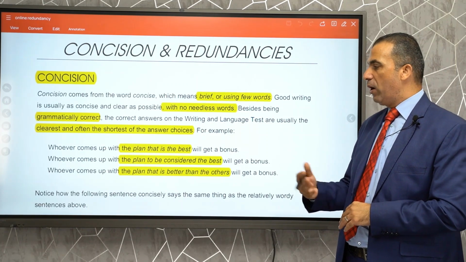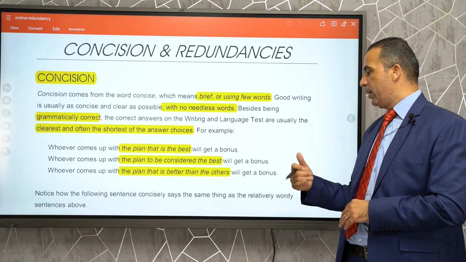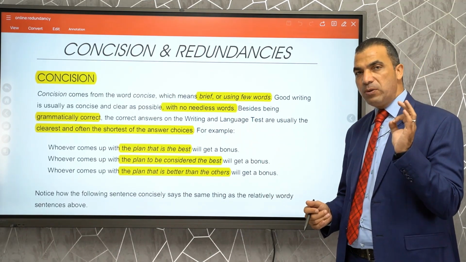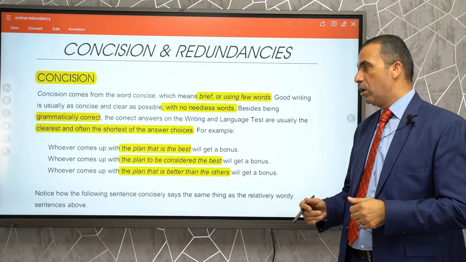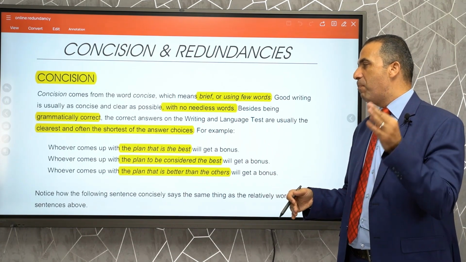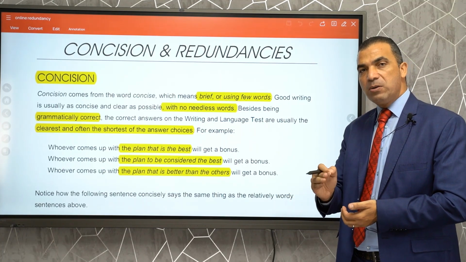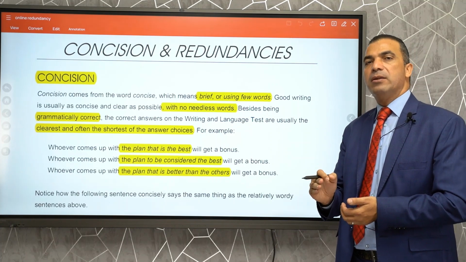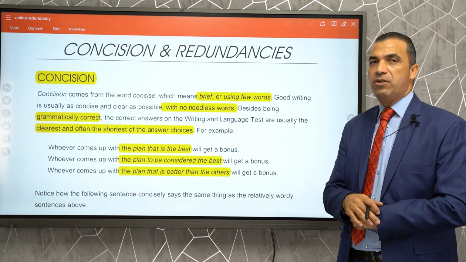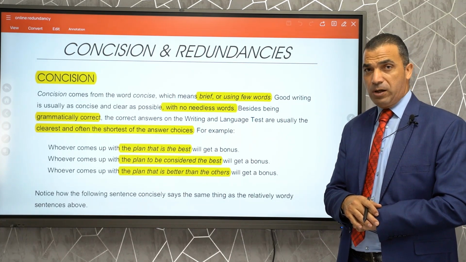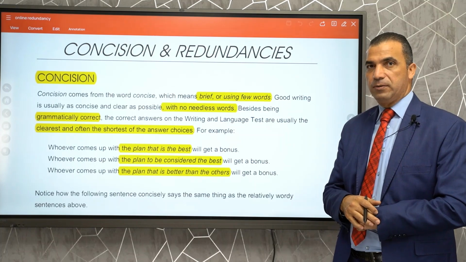Three, whoever comes up with the plan that is better than the others will get a bonus. Which one is very concise and to the point? Of course, the first one. It is very concise, to the point, grammatically correct, and very clear, so it is the right one. You got it? Let's move to the exam questions.